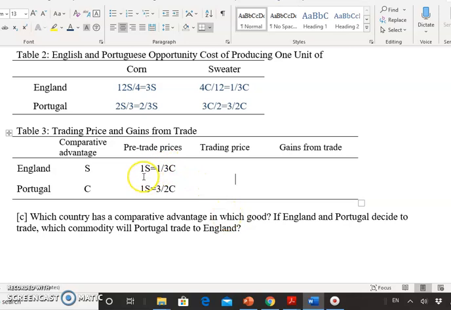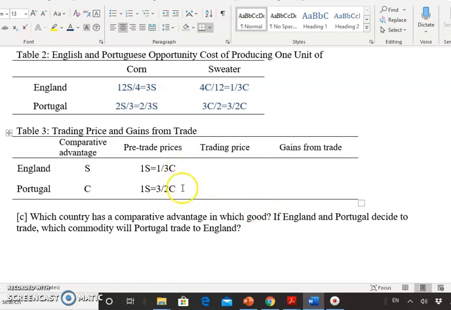Now, if you go back and look at the pre-trade price, we find that one sweater equals 1/3 corn in England, but one sweater equals 3/2 corn in Portugal. So the trading price would be somewhere in between.